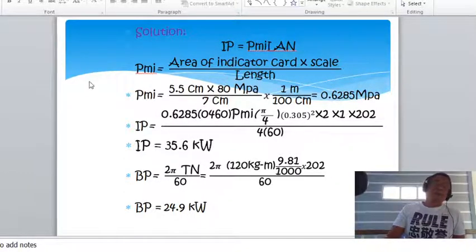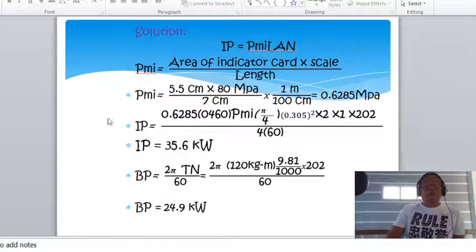And then solving for the indicated power, it equals PMI multiplied by the piston displacement. Substituting values, converting units of millimeter to meter and minute to seconds, the indicated power now is 35.6 kilowatts.